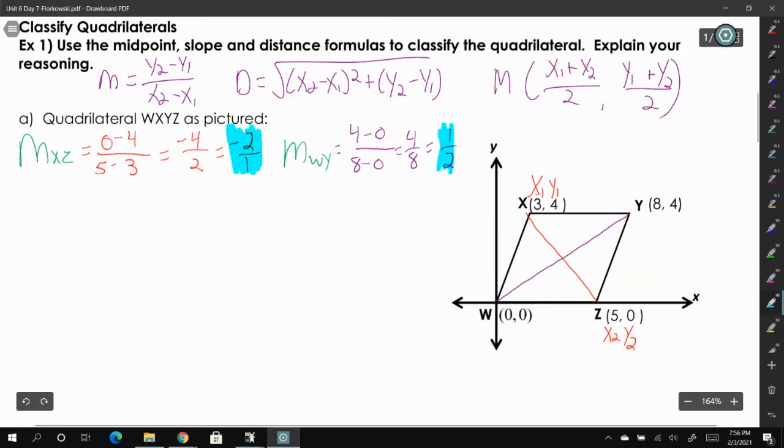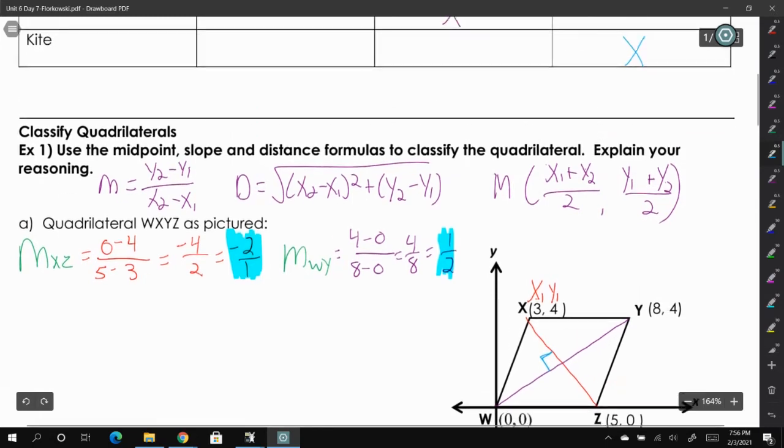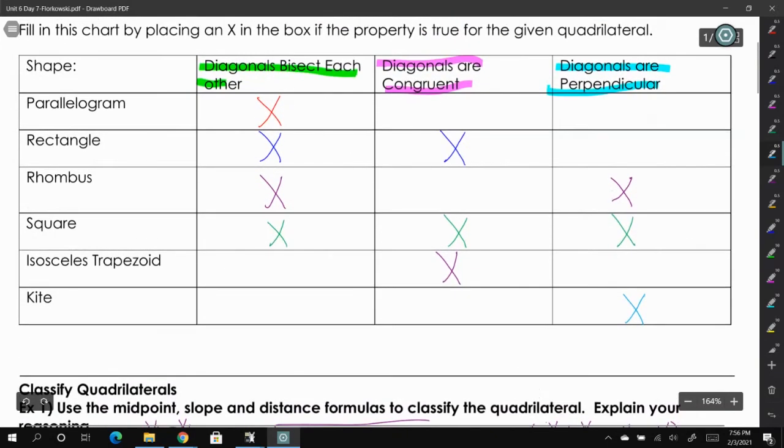If you flip negative 2 over 1 and change the sign, it becomes 1/2. If you flip 1/2 and change the sign, you get negative 2 over 1. So we know that these two lines are perpendicular. So that means that the shape has to either be a rhombus, a square, or a kite.